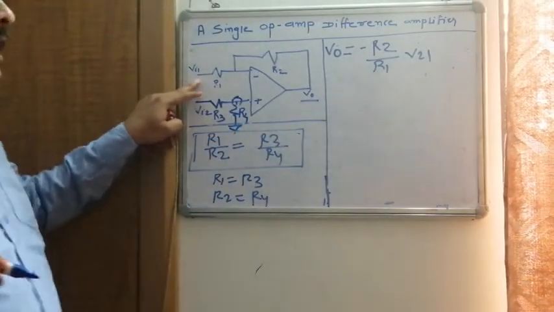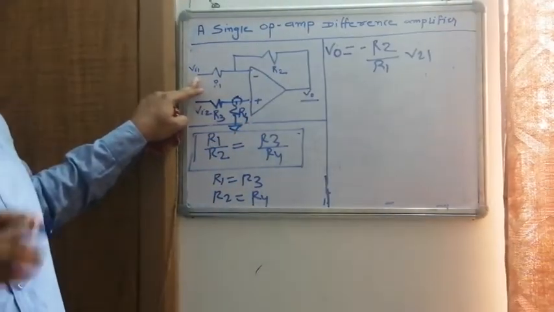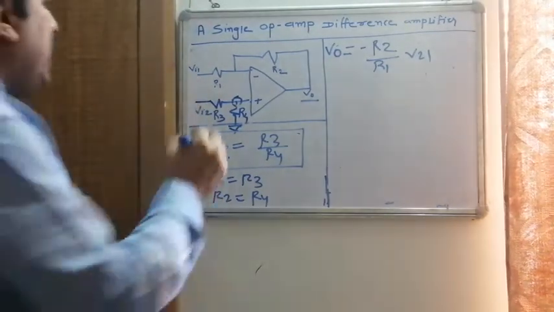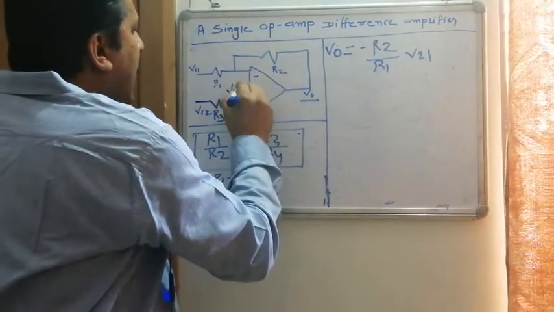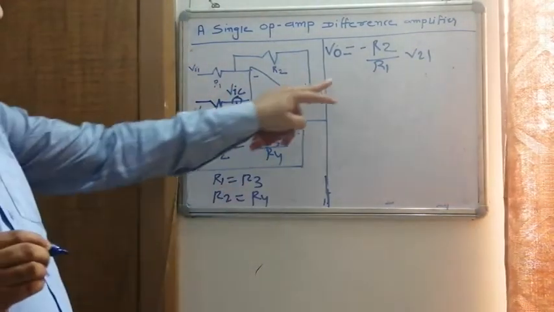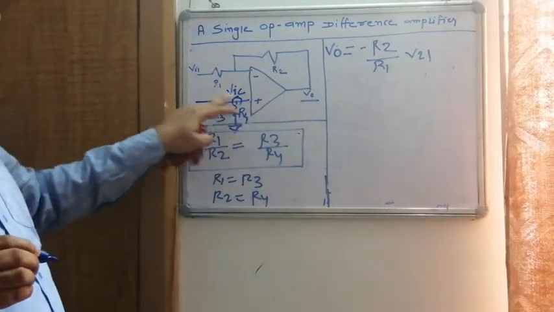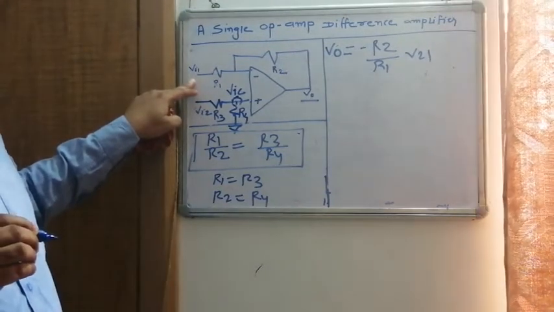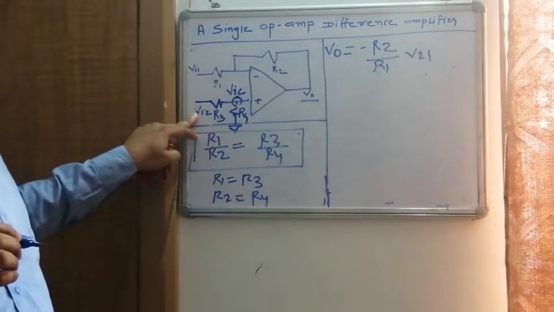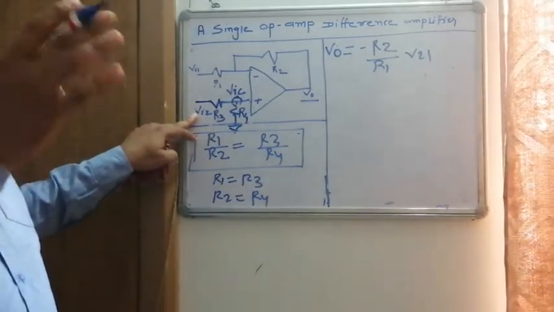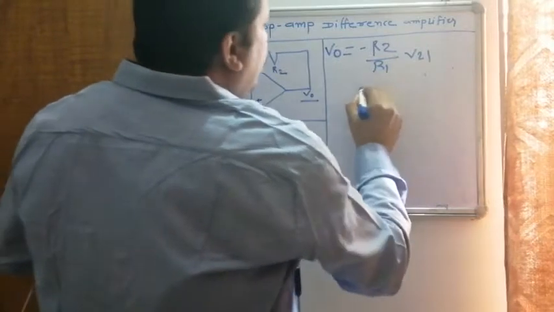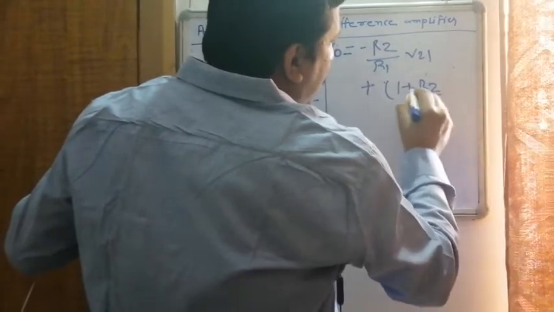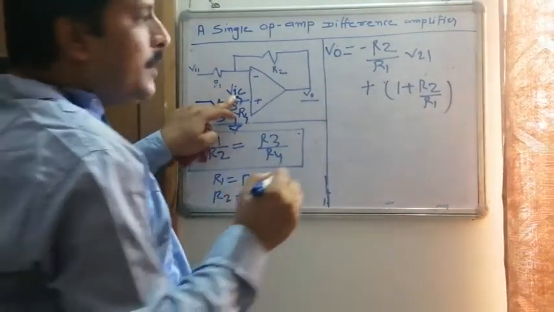Now, if I ground the voltage at the inverting terminal, this configuration simply works as a non-inverting configuration. So here we are assuming this voltage is VIC. If I ground the voltage at the inverting terminal and apply voltage at the non-inverting terminal, it will work as a non-inverting amplifier. Then the gain in this condition is plus 1 plus R2 by R1 multiplied by the voltage at this point, VIC.